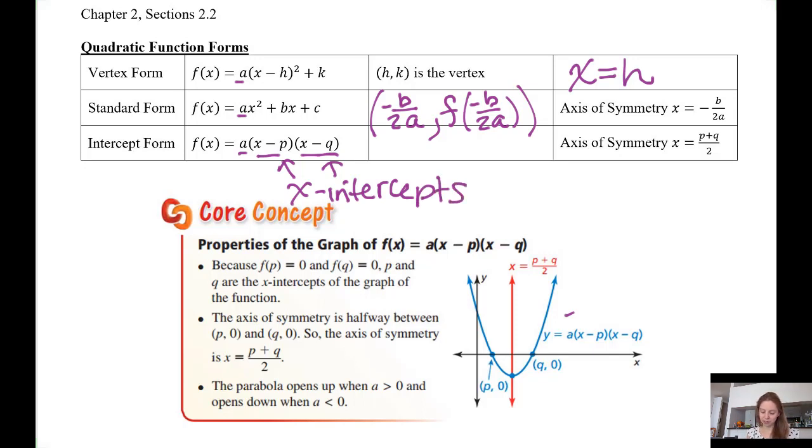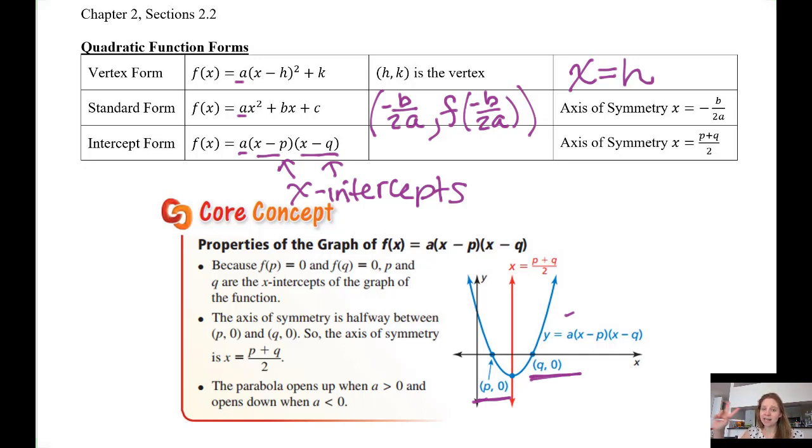There is a little diagram below about this new formula, and you can see the x-intercepts are p and q.